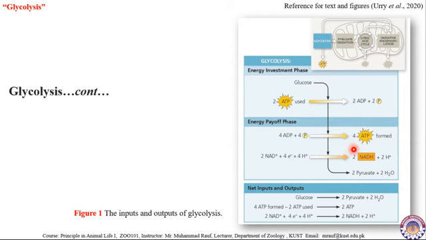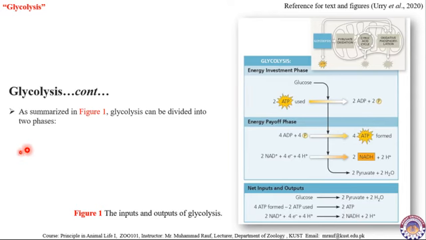So the net ATP produced through this process is 2, and with that 2 pyruvate molecules and 2 water molecules are produced. Along with these, 2 high energy electron carriers, that is 2 NADH molecules, are also produced, and these NADH molecules will then deliver their electrons in the electron transport chain, and it will start the process of the electron transport chain.